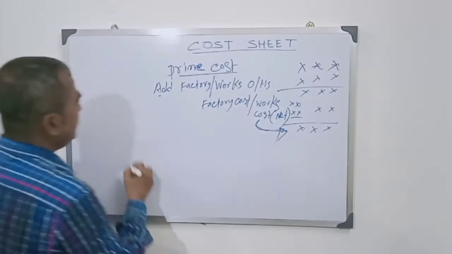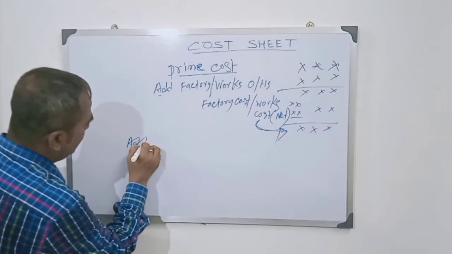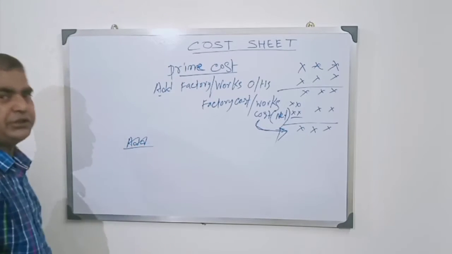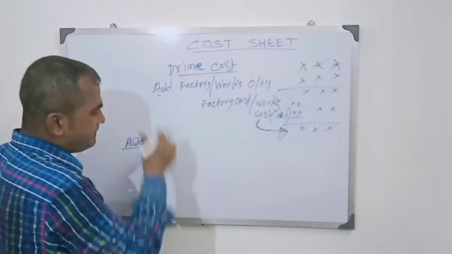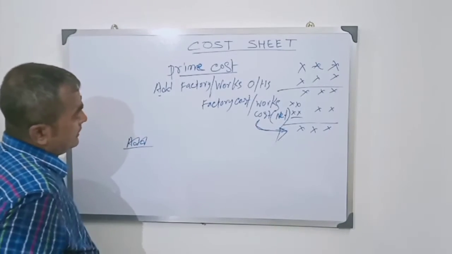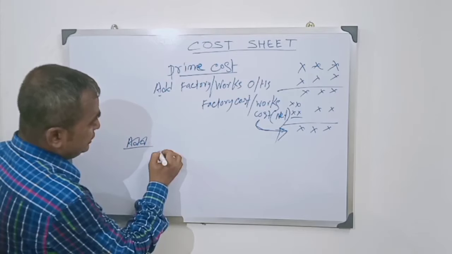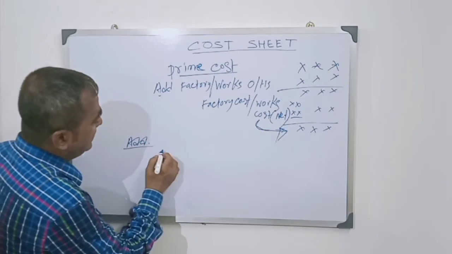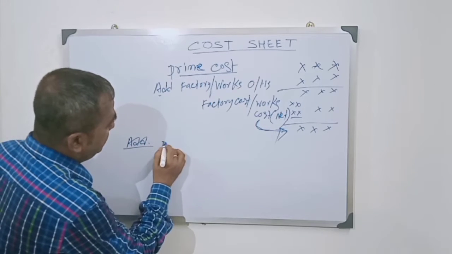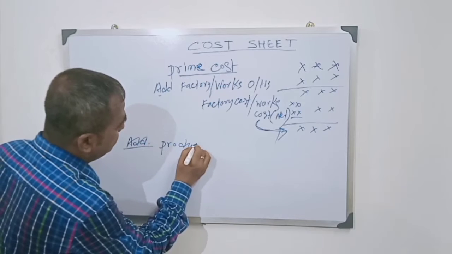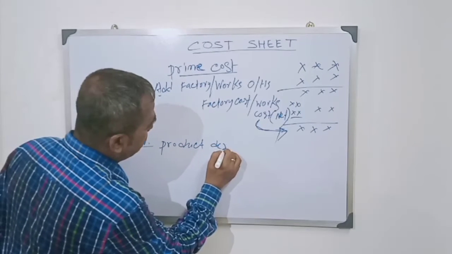Now, add office and administrative overheads. Under office and administrative overhead, we should also add product development cost.